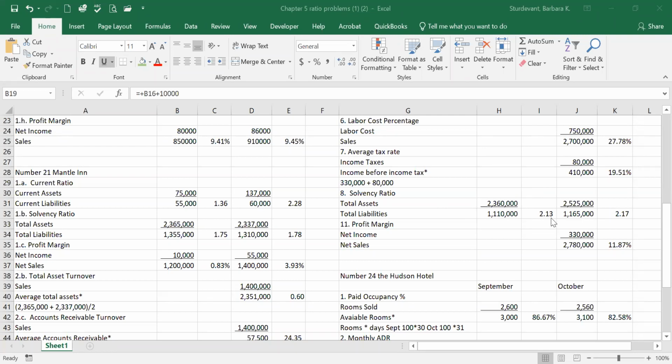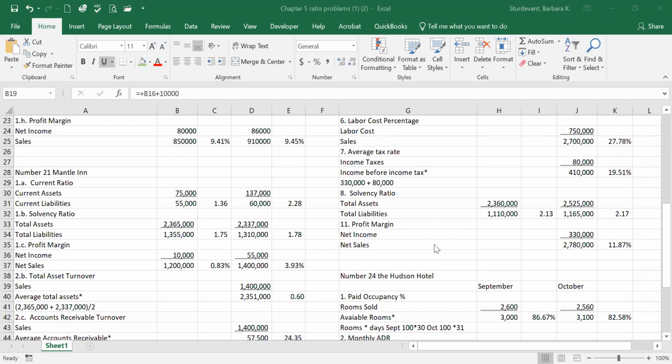So when it's a 2, it's about half. This company is pretty much half equity, half liabilities. It hasn't really changed. It's gone up a little bit, so there must be some additional liabilities in there. They only went up a little bit, but they did borrow some more debt. They borrowed $50,000 more in debt, so that would increase this.